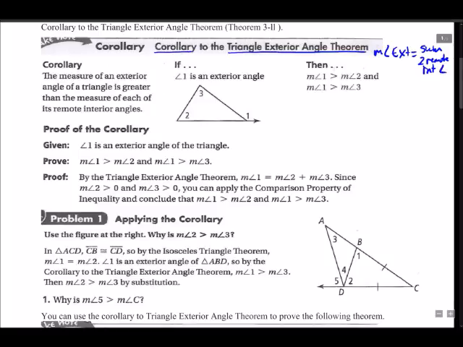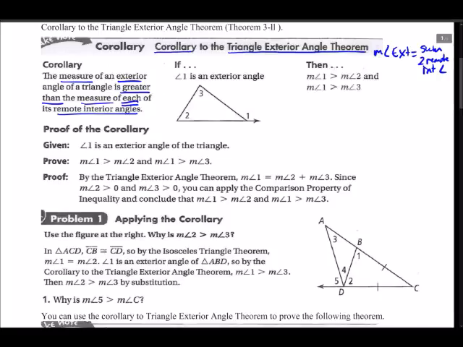So if you look at our picture here, do you remember this picture? It said the measure of angle 1 equals the measure of angle 2 plus the measure of angle 3. So this corollary says that the measure of our exterior angle is greater than the measure of each of the remote interior angles.